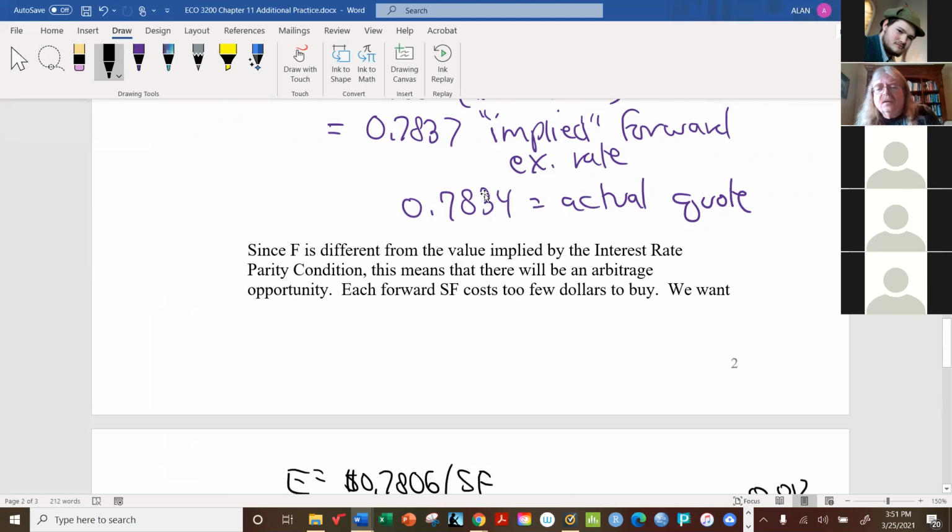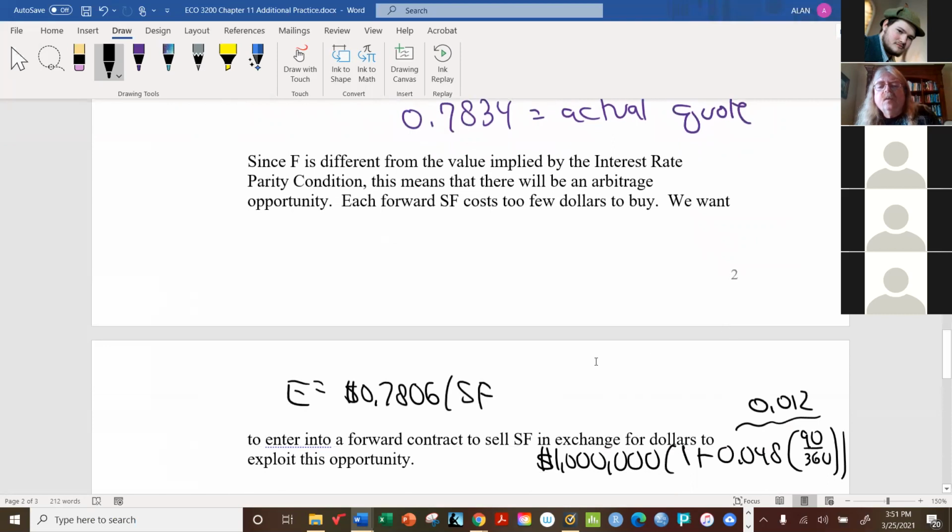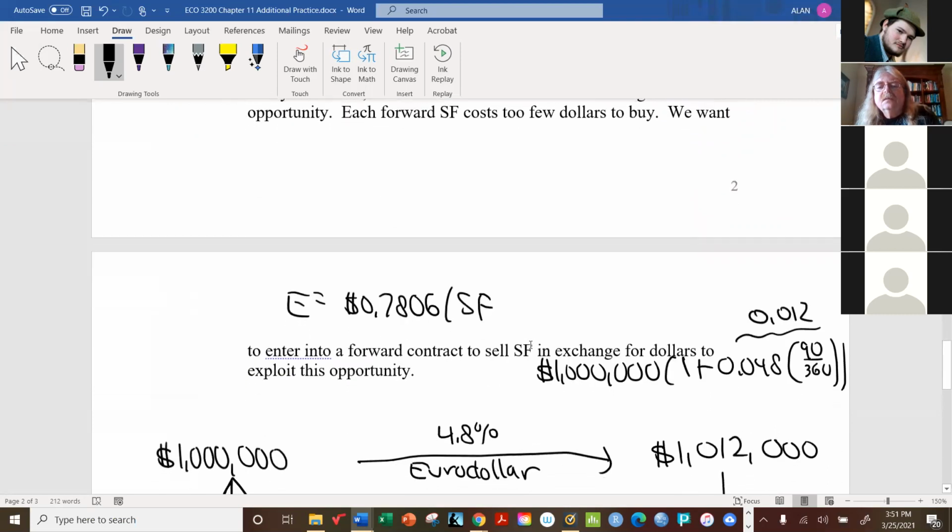The price is too low. It takes too few dollars to buy. Therefore, we want to buy Swiss francs with dollars in order to make money, because they're too cheap. All right, so we want to buy Swiss francs in exchange for dollars as they are too cheap.